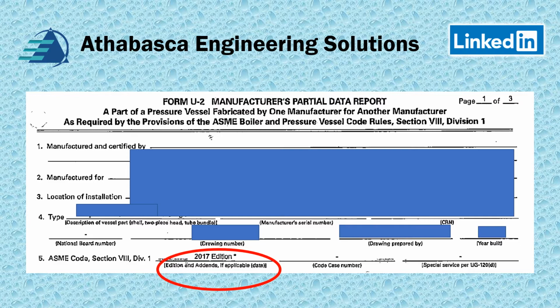One of the first things we do is we source this out, including the nameplate information, and we get an idea of what year it was designed to. And one of the key reasons why we do that is, not just the rules of the addition, but also more fundamentally the allowable stresses.